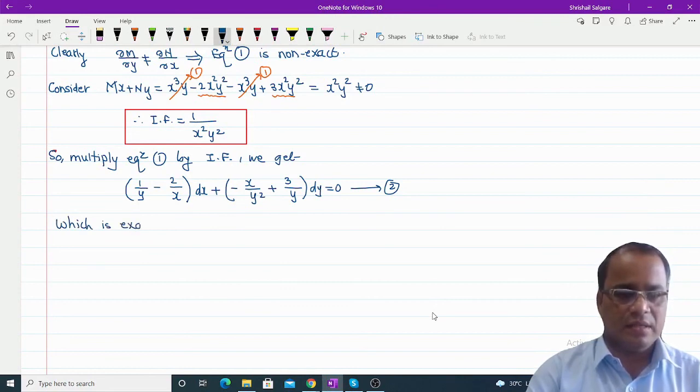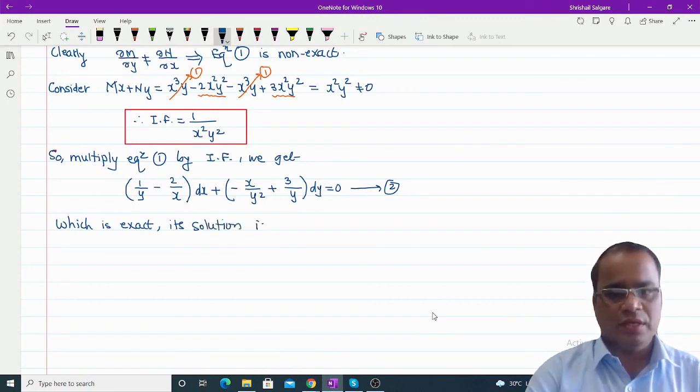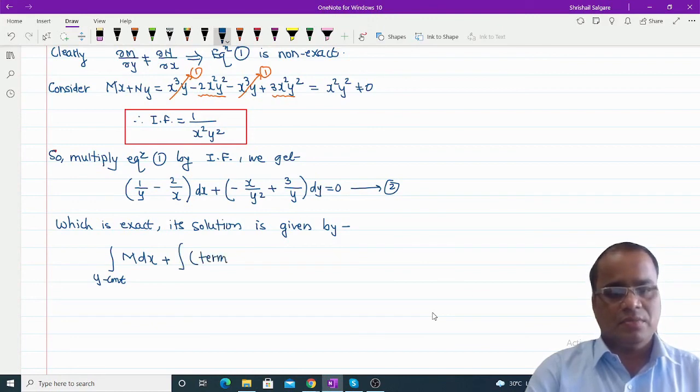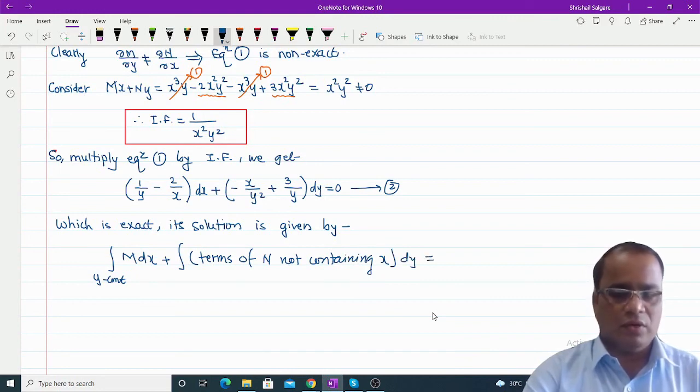Its solution is given by the formula: integral of m dx treating y as a constant, plus integral of the terms of n not containing x with respect to y, equal to c.